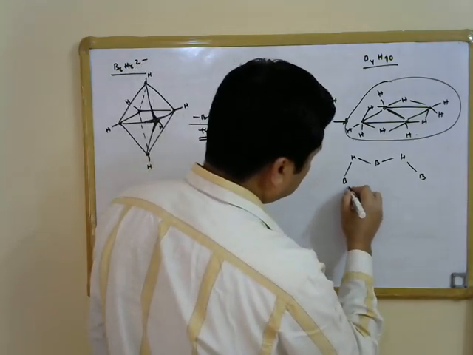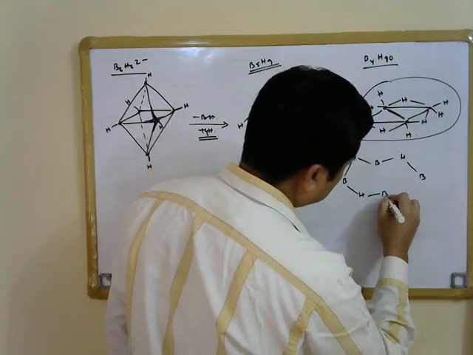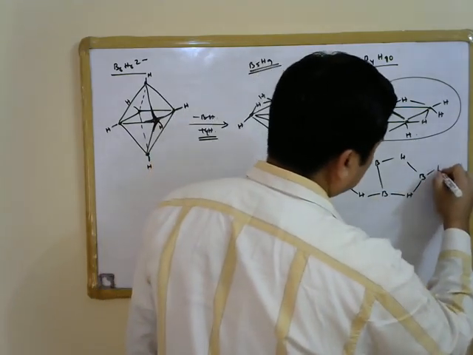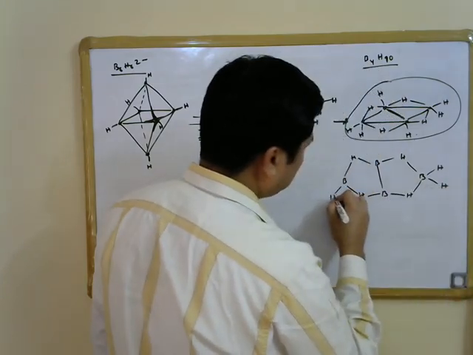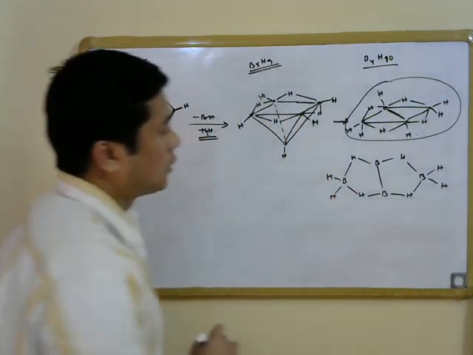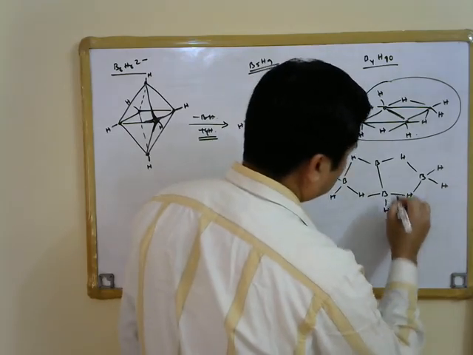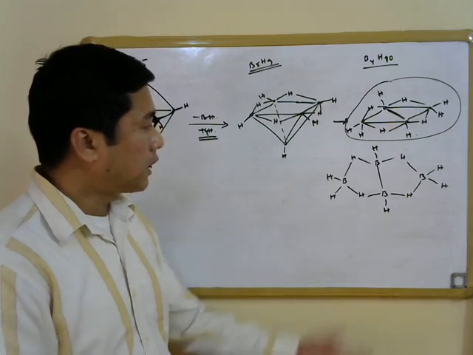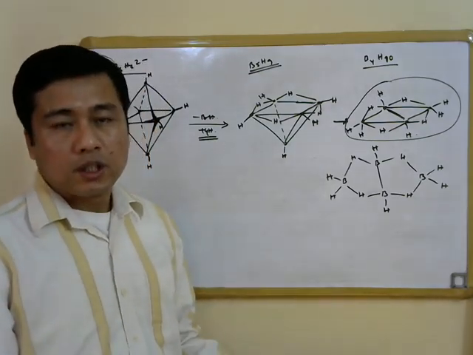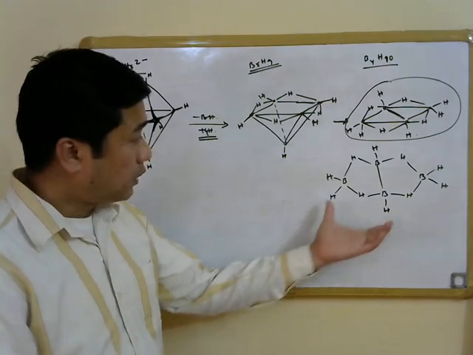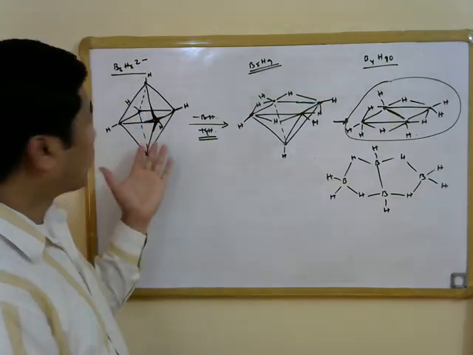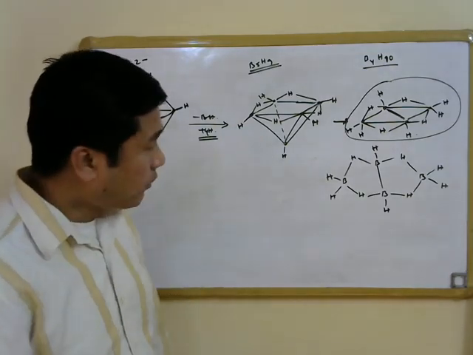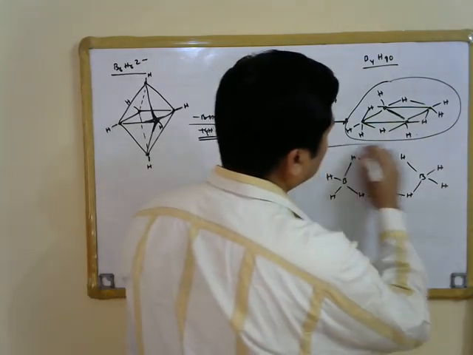Now we will draw the real structure here, showing the linkages between the individual atoms. So that is the structure of B4H10, and we see its structure is like a spider wave-like structure, more open as compared to what you see for closoborane or nidoborane.